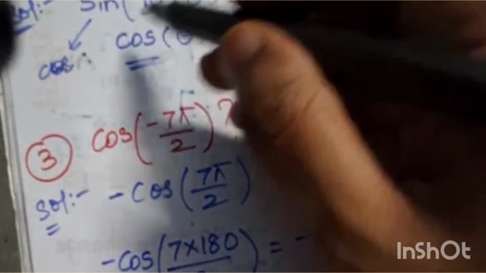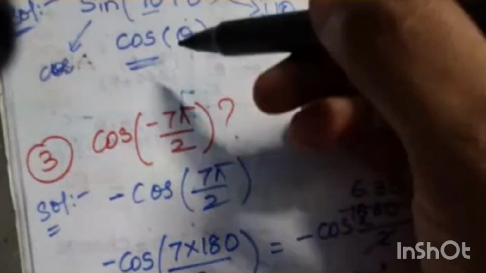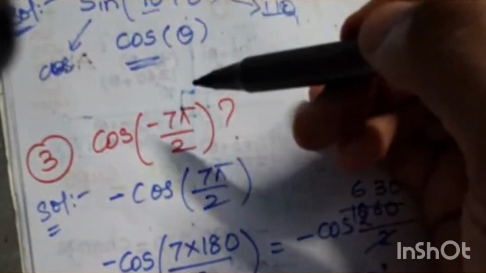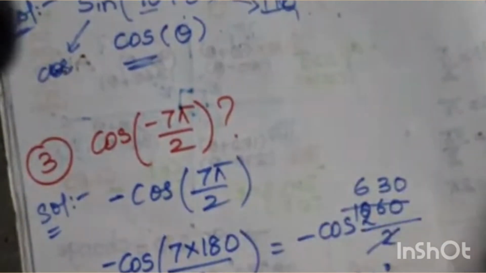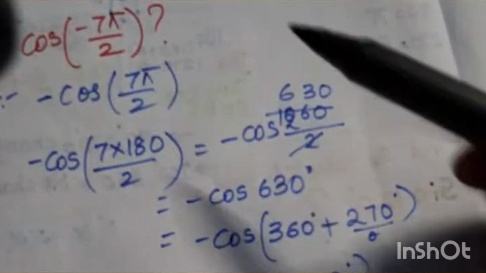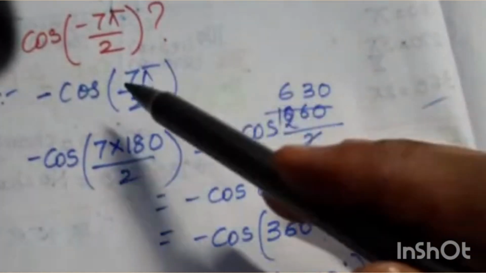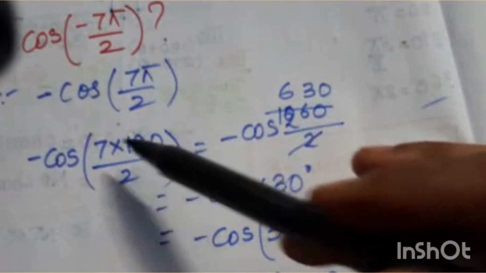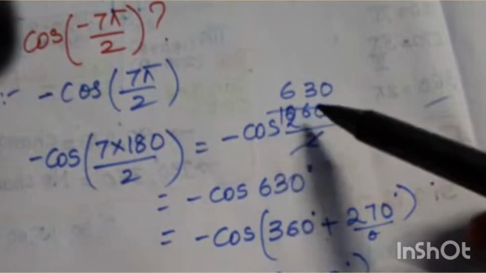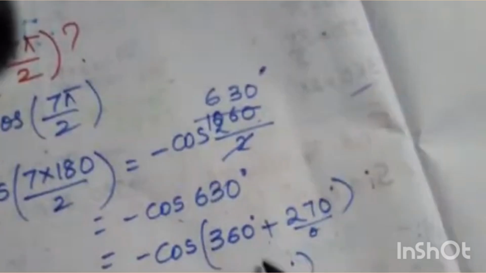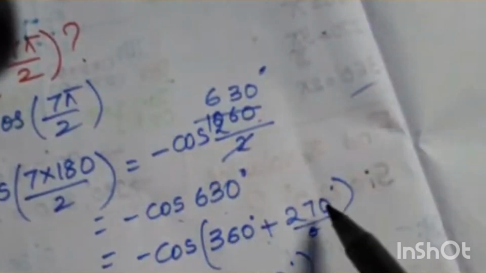Sin(90 plus theta) is cos theta. If you do basic problems first and then go to long type questions, you will understand how to do step by step problems like these. 7 pi by 2 means we simplify pi as 180, by 2, cos 1260 by 2, that is 630 degrees, which we again write as 360 plus 270 degrees.